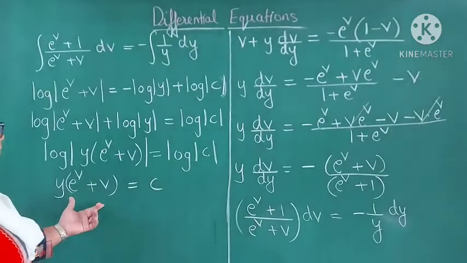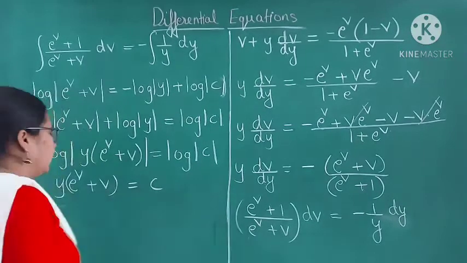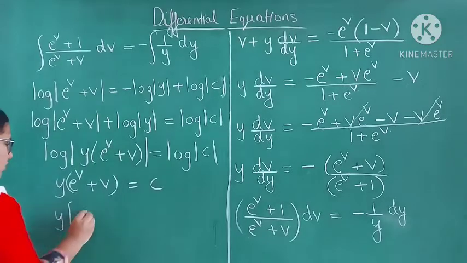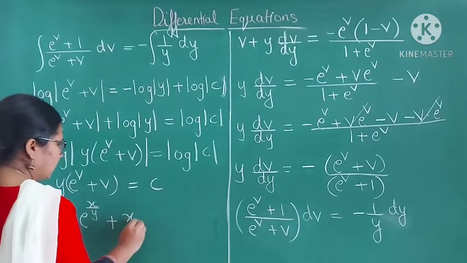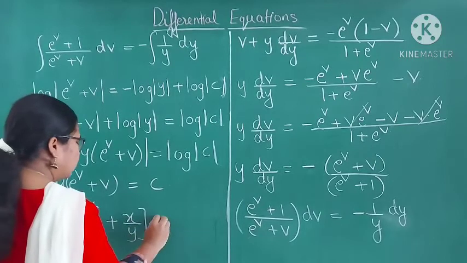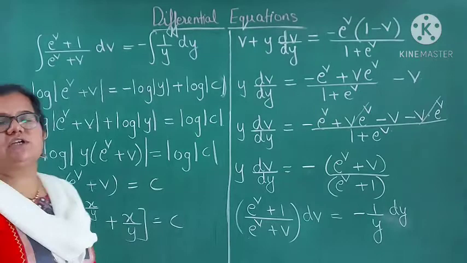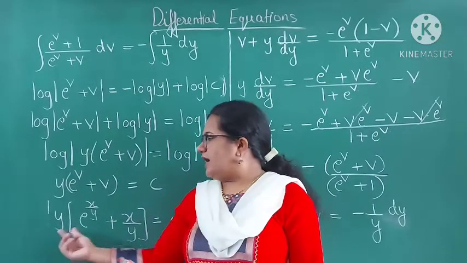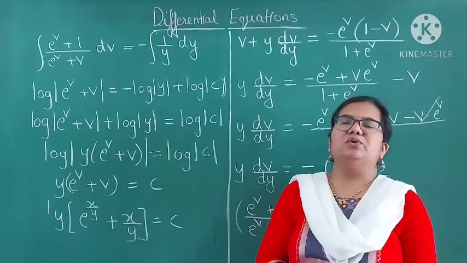So this is your solution, but you have to resubstitute the value of v as x upon y. So what will be your final solution? y into e raised to x upon y plus x upon y is equal to c. So this is your solution for the given homogeneous differential equation: y e raised to x upon y plus x upon y is equal to c.